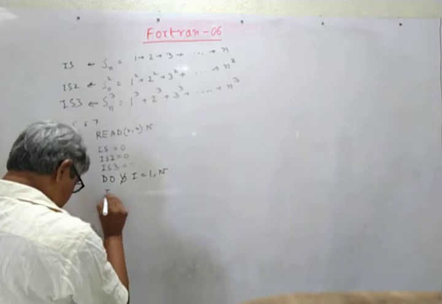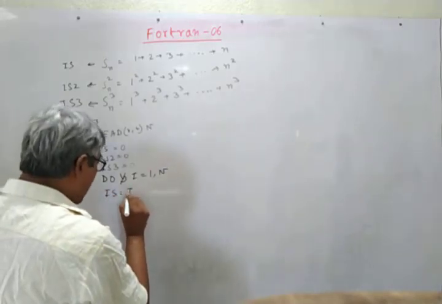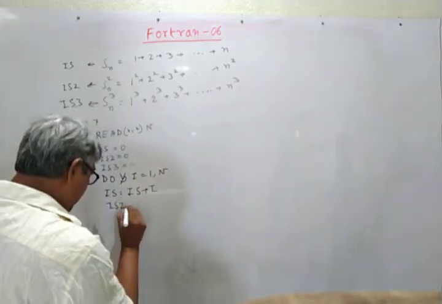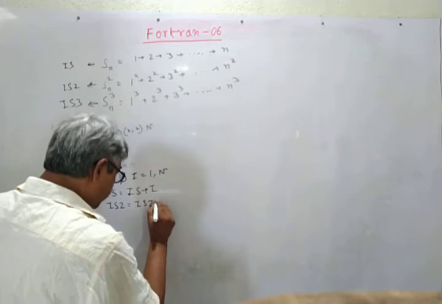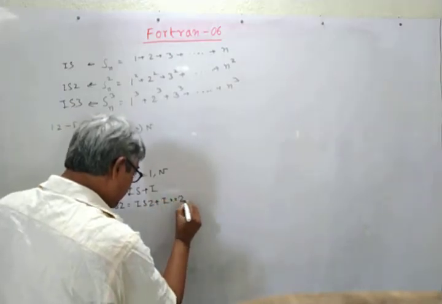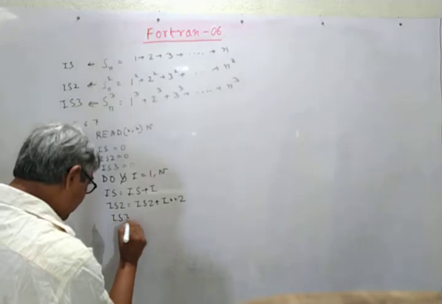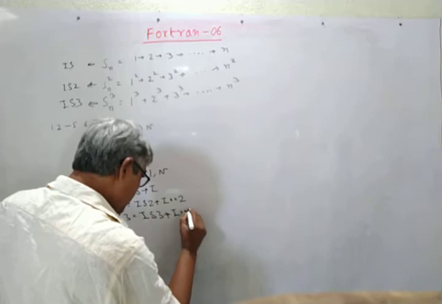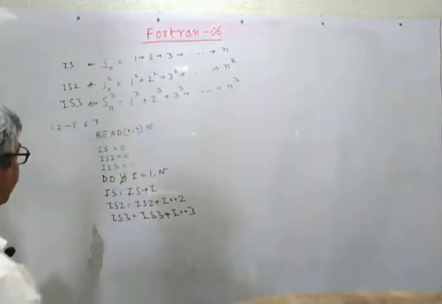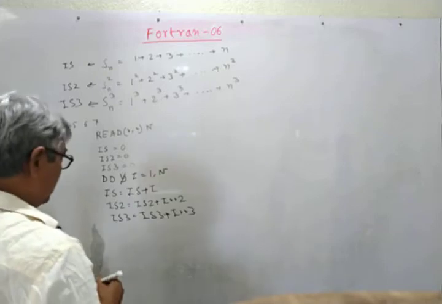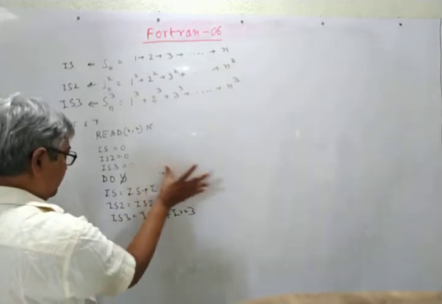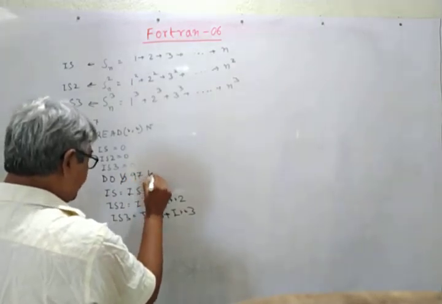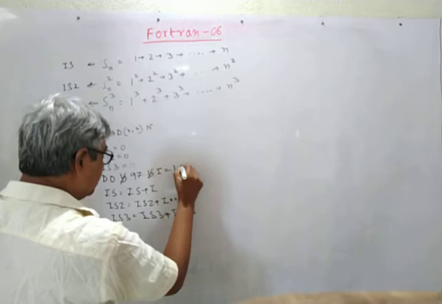Then is is equal to is plus I, is2 is equal to is2 plus I double star 2, and is3 is equal to is3 plus I double star 3. Everything has been done. Oh sorry, I forgot to put the statement number. So we write do 97, I is equal to 1 to n.